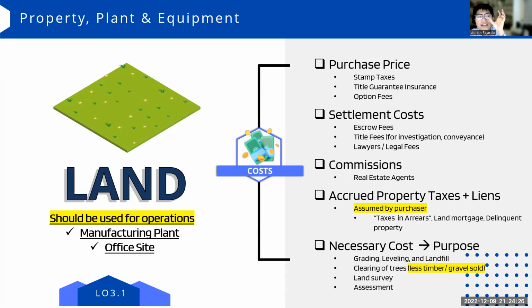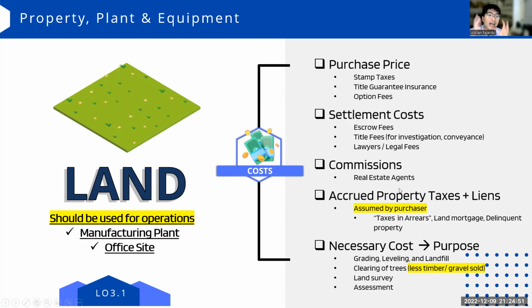Now, the difficulty is that the cost will be comprised of a lot of different costs. So for each specific type of PPE, you should be familiar with the certain terms associated with it. For example, for land, usually it's the purchase price, stamp tax, escrow, real estate commission, and taxes in arrears.